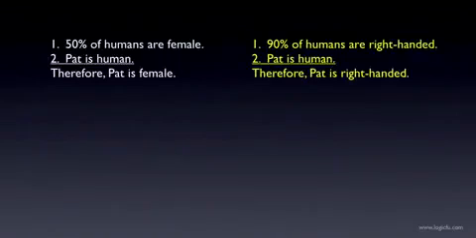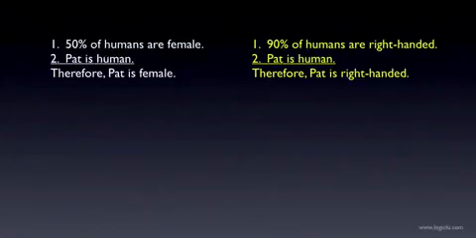Now take a look at this argument. 90% of humans are right-handed. Pat is human, therefore Pat is right-handed. This argument is different. In this case, the premises make it very likely, 90% likely, that the conclusion is true. They don't guarantee that Pat is right-handed, but we might still want to say that they provide good reasons to think that Pat is right-handed.